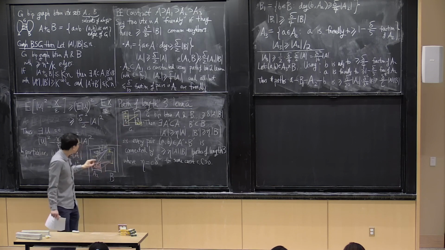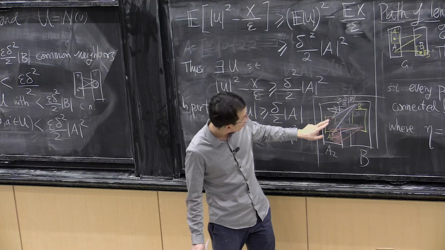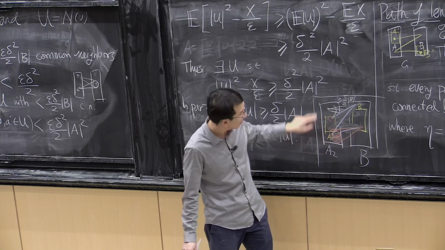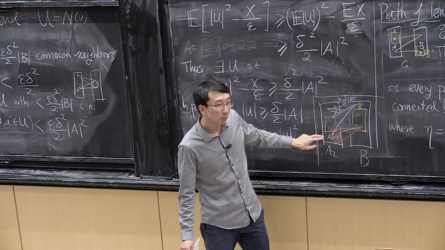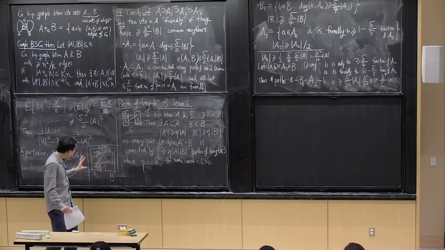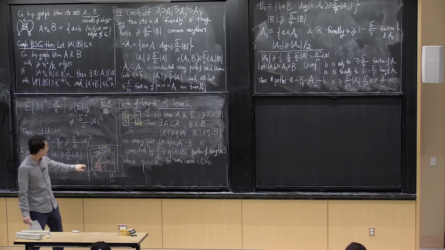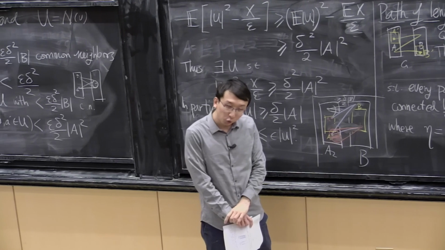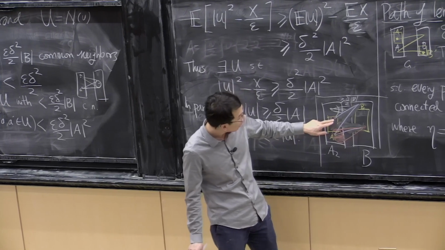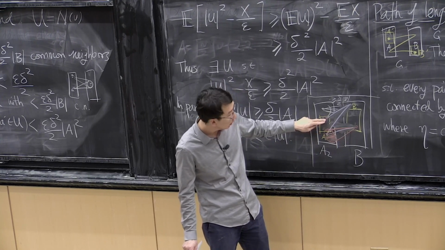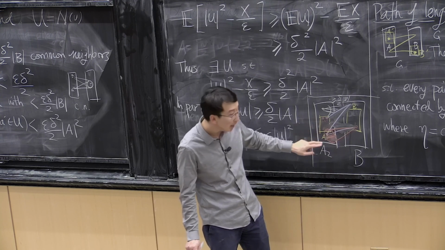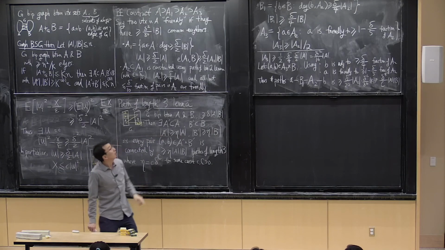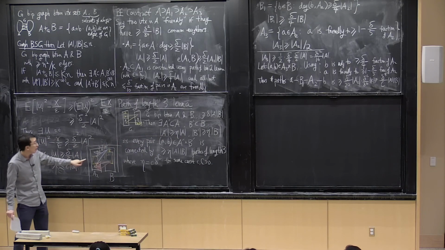And then A3 looks at vertices in A with many friendly companions in A2. A3 is large, and I claim that between every vertex in A3 and every vertex in B, you have many paths of length 3. Because if you start with a vertex in A3, it has many friendly companions, where many means at least 1 minus delta over 5 fraction.